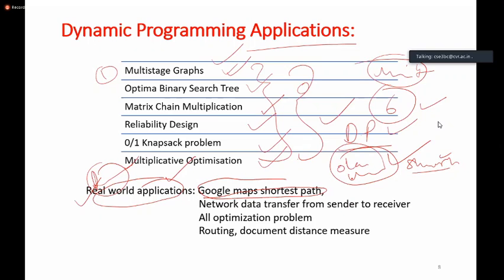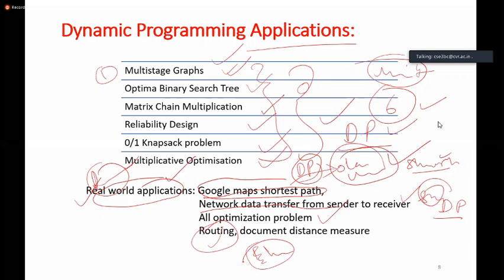Inside, they are using DP, dynamic programming applications. If I want to transfer data from source to destination, in what way, with the shortest distance, quickly, can we send the data? It is possible by using DP algorithms. Then all optimization problems and routing algorithms. This is very, very important. Even electrical department students are going to use this routing.